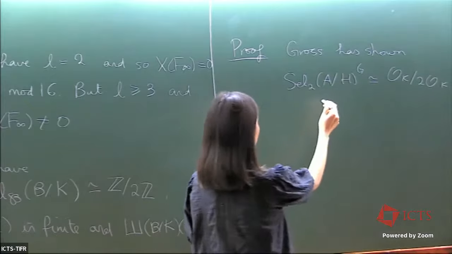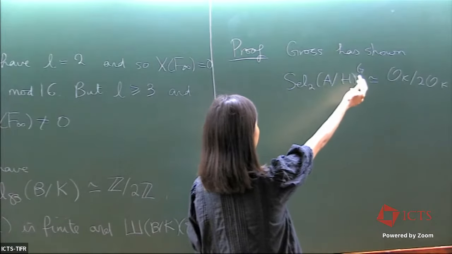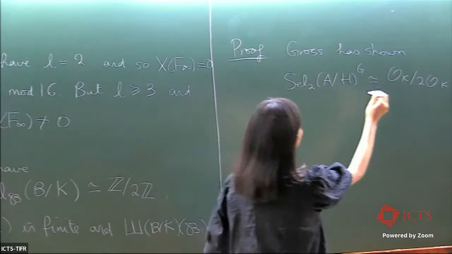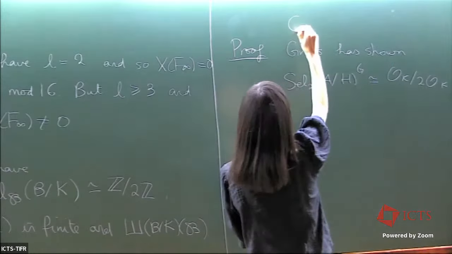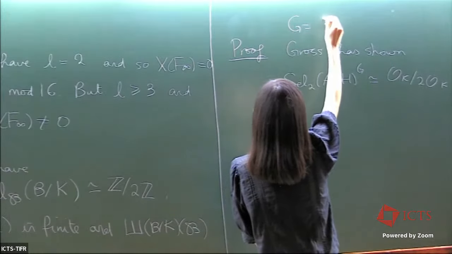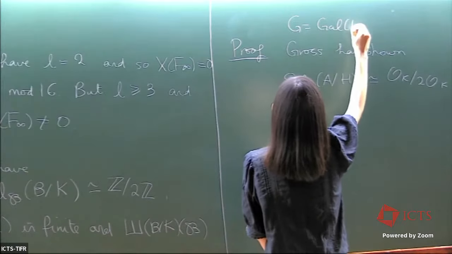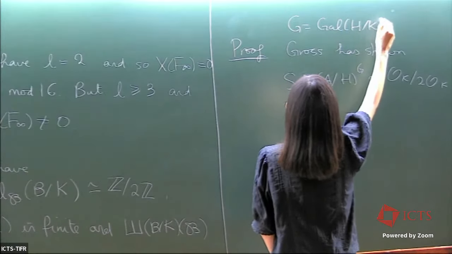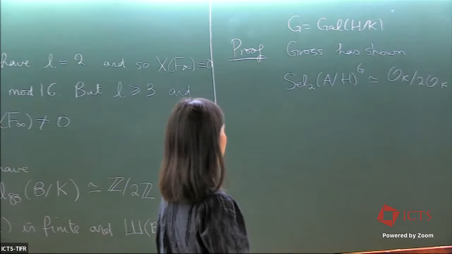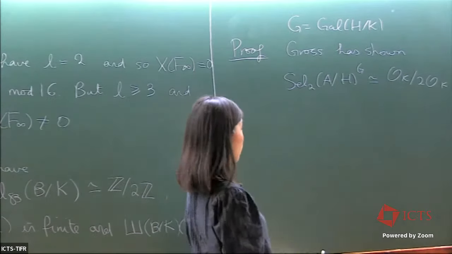And then we use the fact that G is the Galois group of H over K. So its order is equal to the class number of H, and we assume that it is odd.